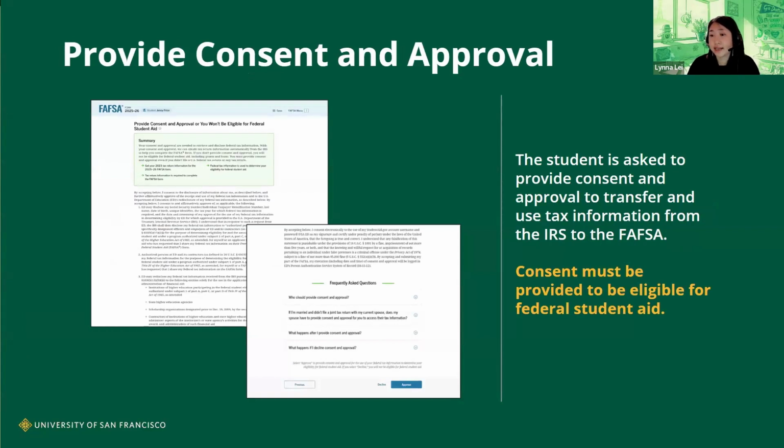Do know that consent must be provided to be eligible for federal student aid and to have a completed FAFSA, which we then use to determine your state aid and institutional need-based aid as well. If a student did not file a tax return, they still need to provide consent in order to receive aid.